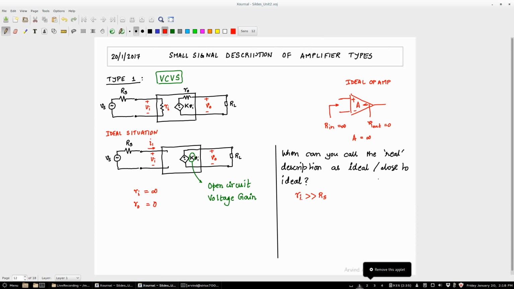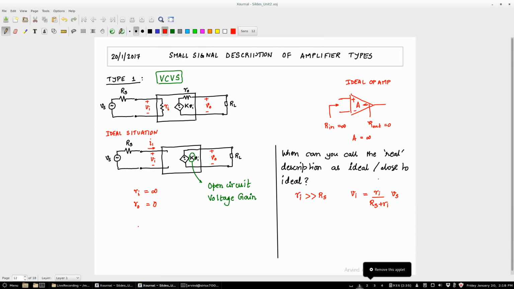When can you do this? Basically, if Ri is greater than Rs, what about the output? So you are happy with this Ri greater than Rs? No. Okay. I am telling you it is this.